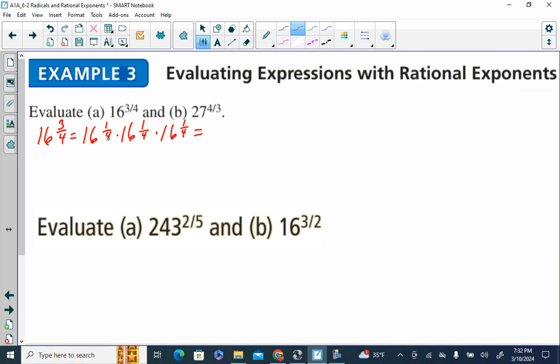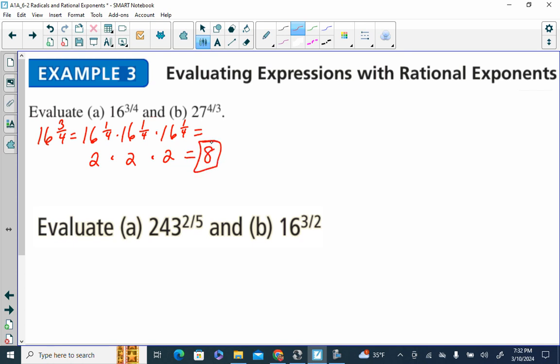Now what is 16 to the 1/4 power? It is 2, because 2 times 2 is 4, times 2 is 8, times 2 is 16. So we want the fourth root of 16, which is 2, times 2, times 2. And that's going to be equal to 8.